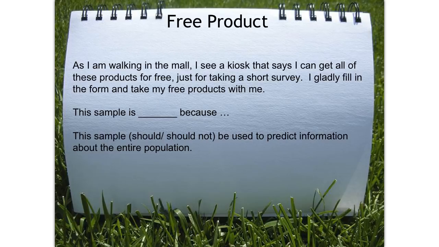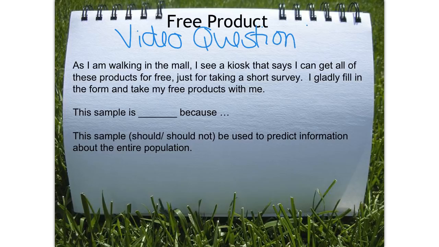Okay, this is actually video question number 1. I apparently forgot to type that in. So you're going to need out your paper, and you're going to write your answers to these 5 questions. Turn it in at the beginning of class tomorrow so I can sort you into the appropriate group. So it says, as I'm walking in the mall, I see a kiosk that says I can get all of these products for free just for taking a short survey.